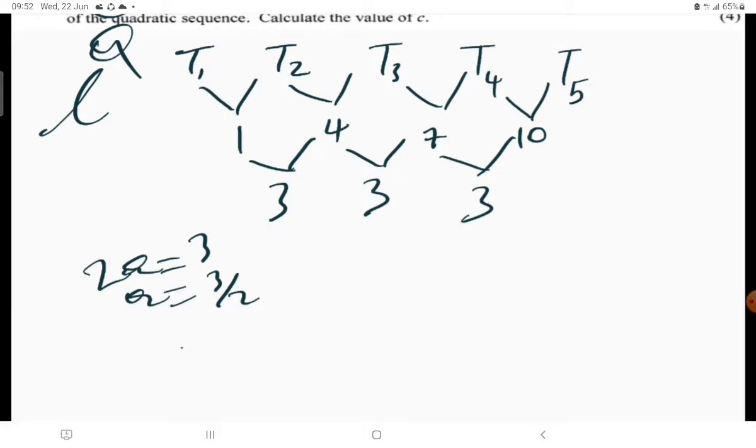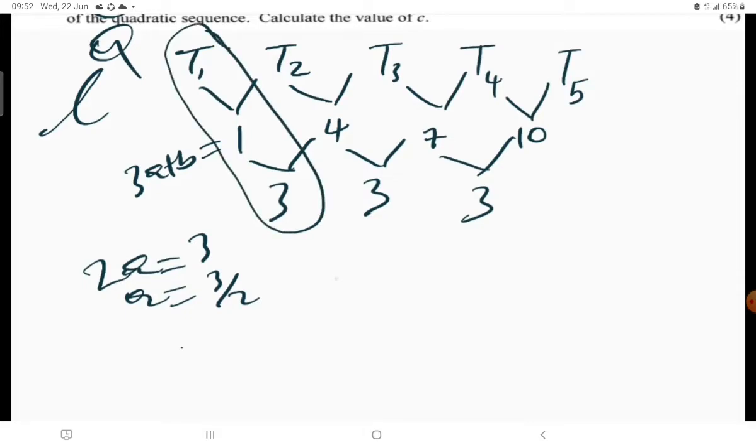Then for our B, 3A plus B is equal to the first term, 1. So 3 times 3 over 2, plus B, is equal to 1.